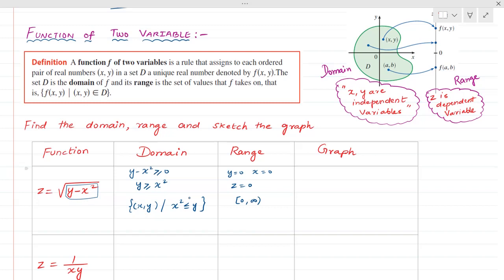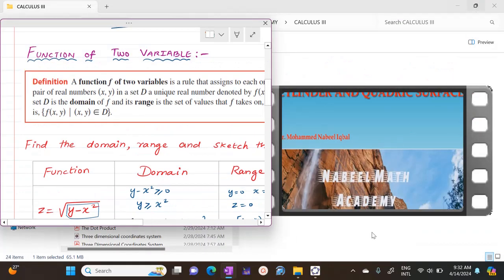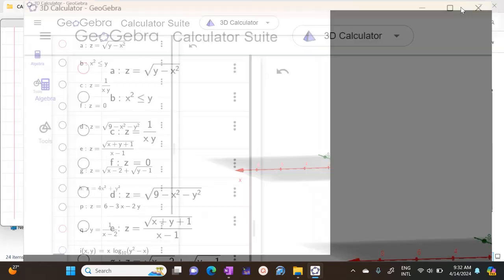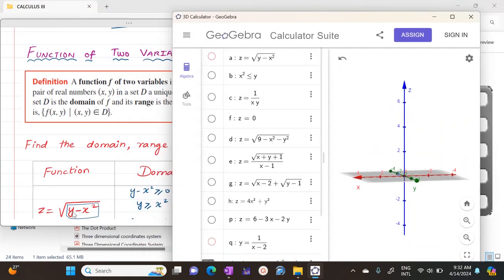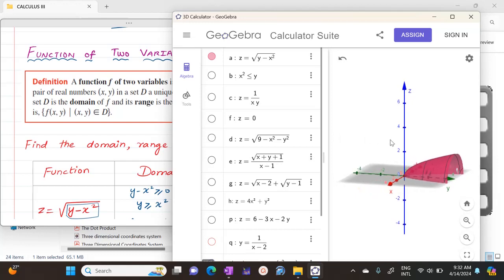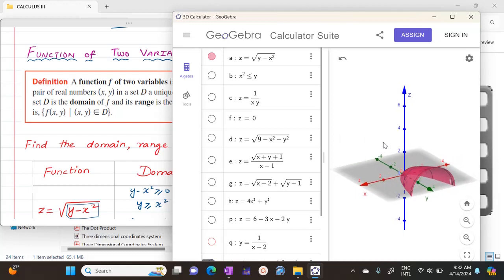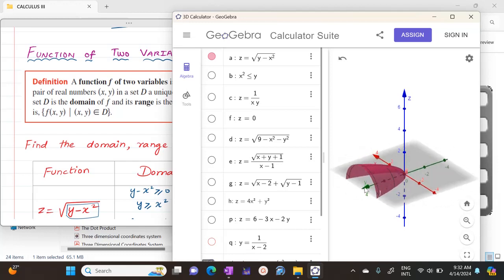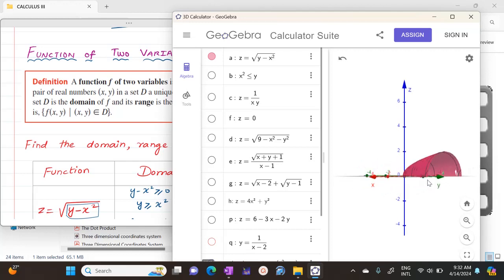If you draw the graph of this one, you can easily identify how the graph looks, what the range is and what the domain is. This is z equals the square root of y minus x squared. So this is the graph you will have. In the xy plane, it will take the parabola, and the z value will take from 0 to infinity, up to the positive side, the positive values.